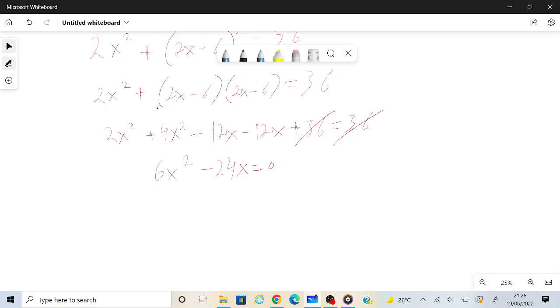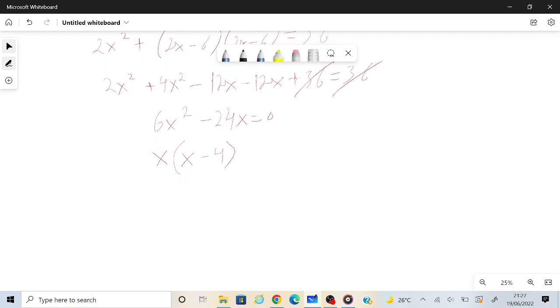Now, attempting to factorize this, we would have x into x minus 4, because if you divide everything by 6, you would have x squared minus 4x, and if you do that, you get x into x minus 4.